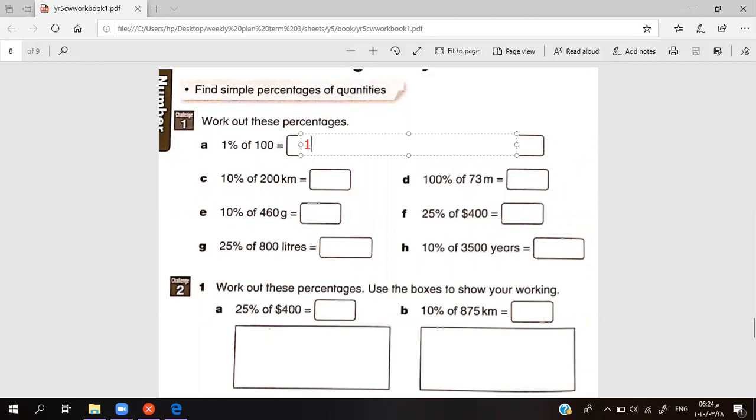Okay, what about B? 50% of 300. Type 50% as if it is a 50 over 100.